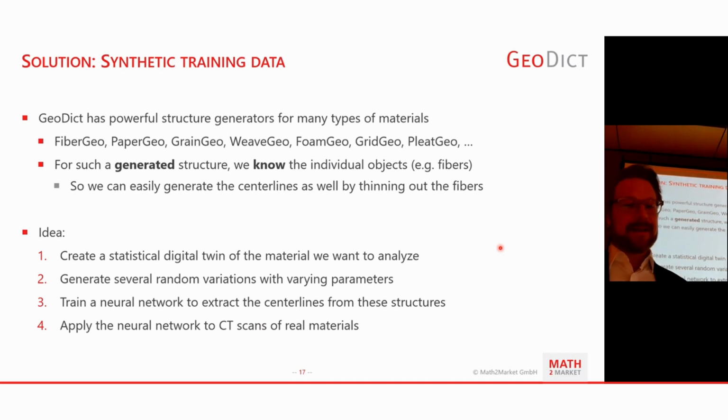And when we have these pairs of images, X, Y pairs, basically, we can then train a neural network to map X to Y and therefore extract the center lines from these training structures. And finally, we can then take this neural network and apply it to CT scans of our real materials, and of course, analyze the statistics and characterize our materials.